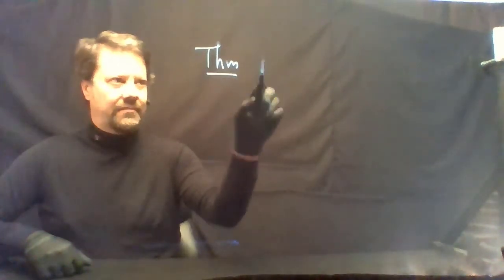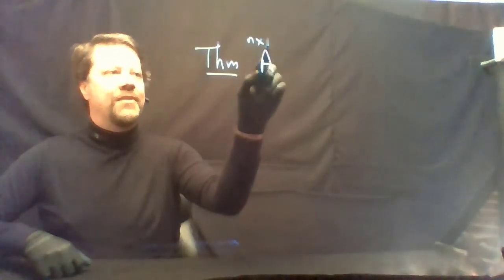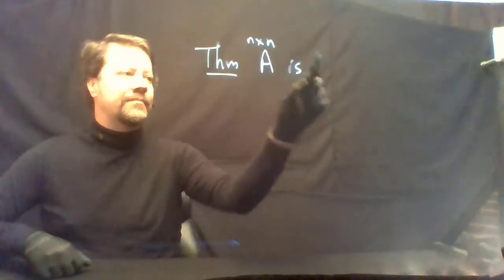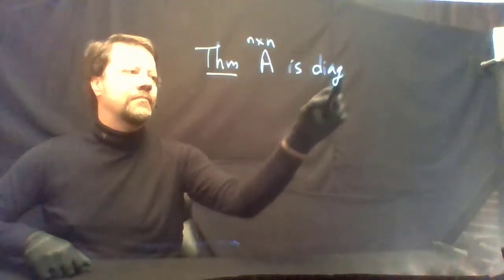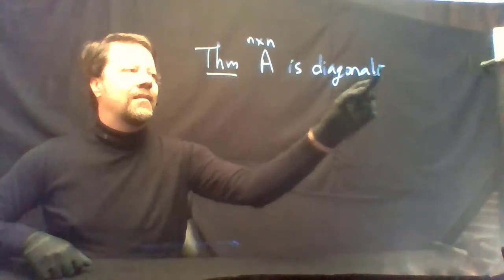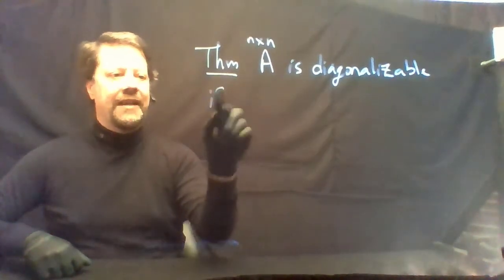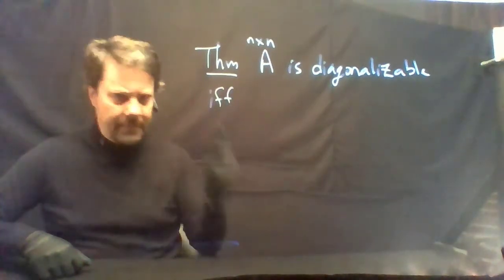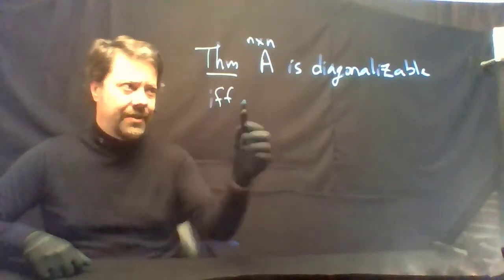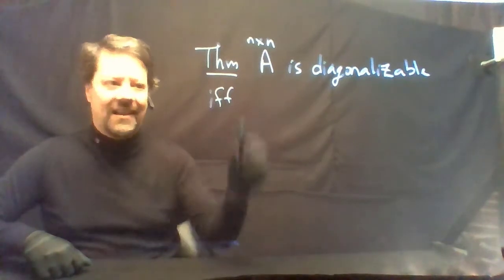We have the following theorem. A matrix A that is square is diagonalizable if and only if... That means we're going to give a complete characterization of when a matrix is diagonalizable.